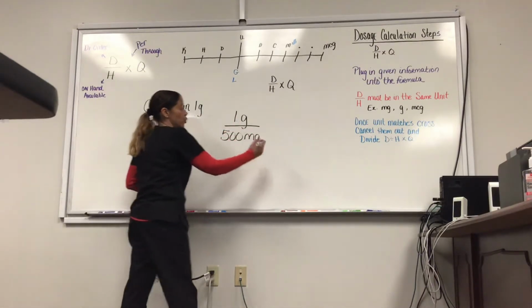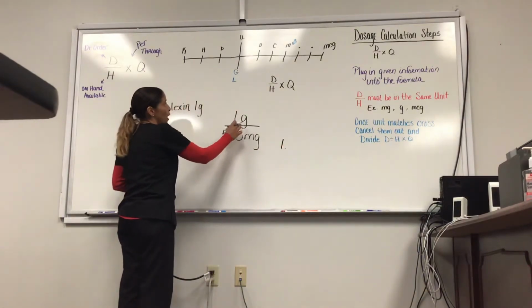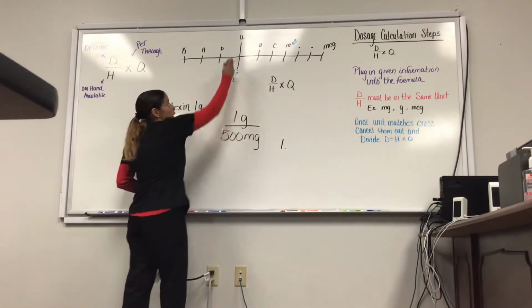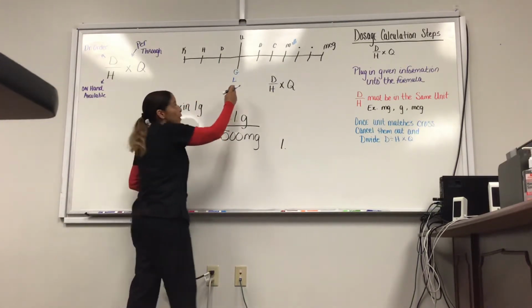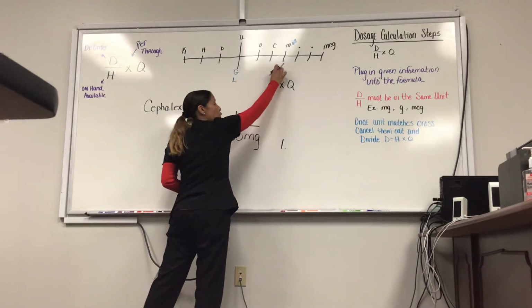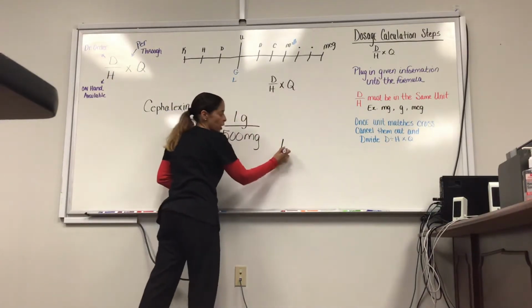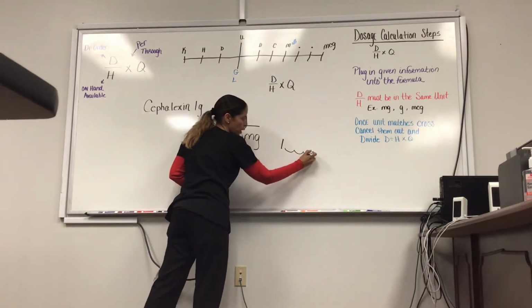So we need to have our 1, right? And we need to go from grams to milligrams. Here's our grams. It's by itself. And we need to get to milligrams. So we're going to take our decimal point and go 1, 2, 3.